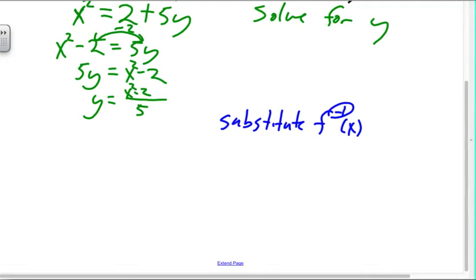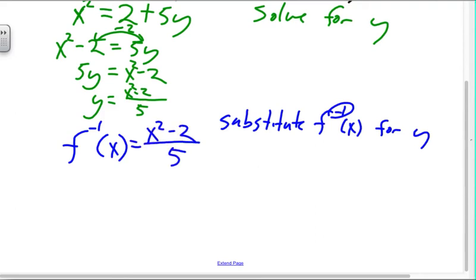It's f negative 1 for y. So now I'm going to have f negative 1 of x equals x squared minus 2 over 5. And that is the inverse of our original function.